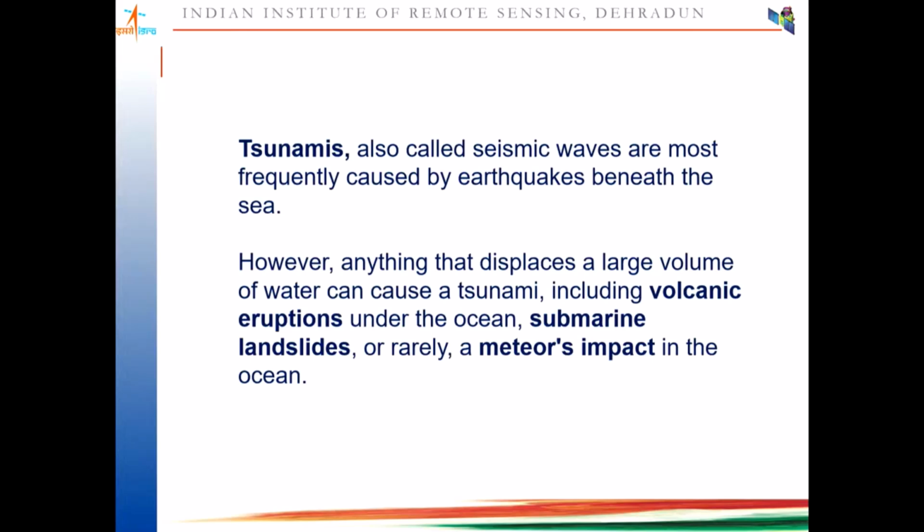So a large chunk of water will get displaced, and that displaced water will create a wave which will come to the coast as a tsunami. So these are the main mechanisms by which a tsunami approaches the coast, and we will discuss the characteristics of the tsunami.